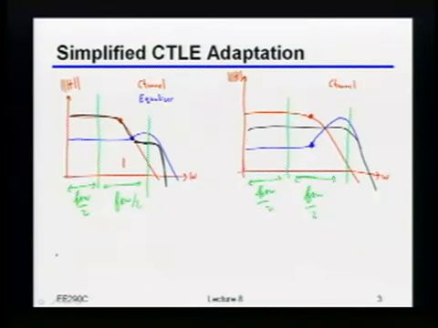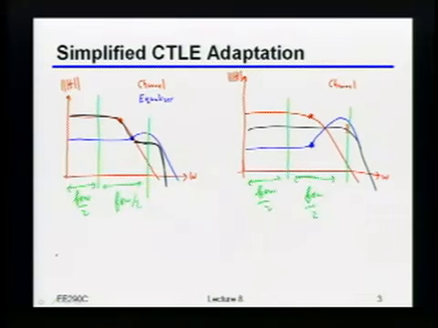Whereas over here, when I've adapted things properly, the lower half should have the same amount of energy as the upper half. When I say half, it's not necessarily exactly half, because I don't put the pole at exactly the Nyquist frequency. But conceptually, you can think of it that way.